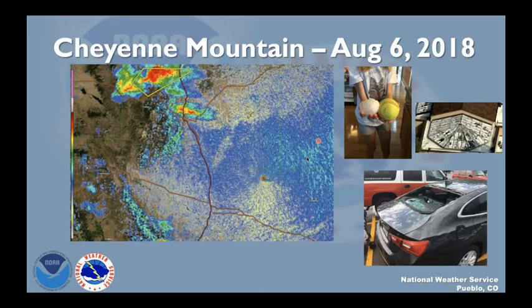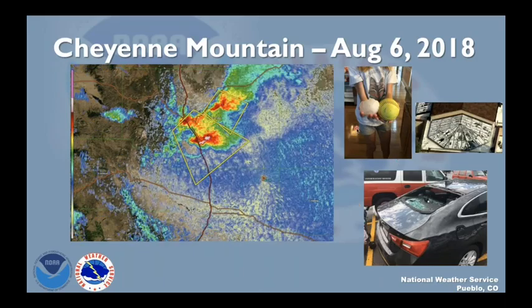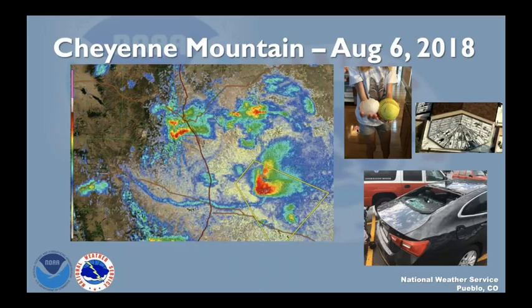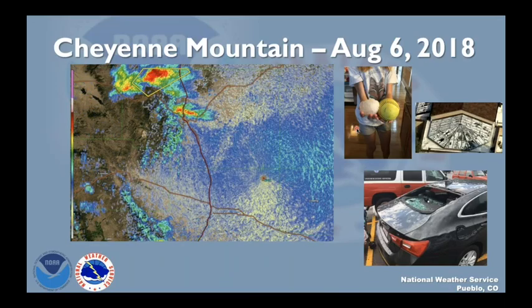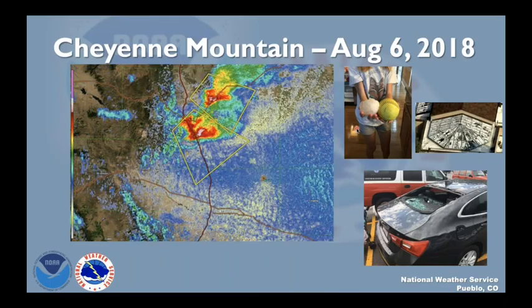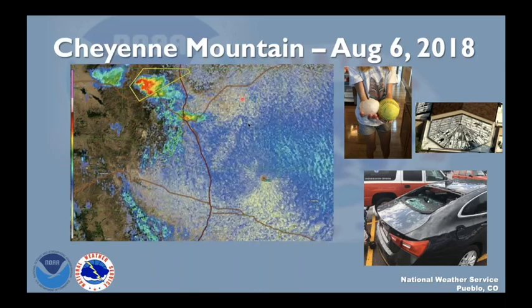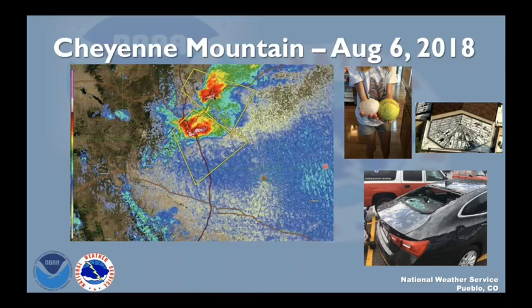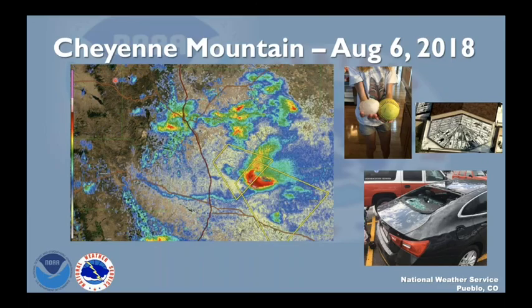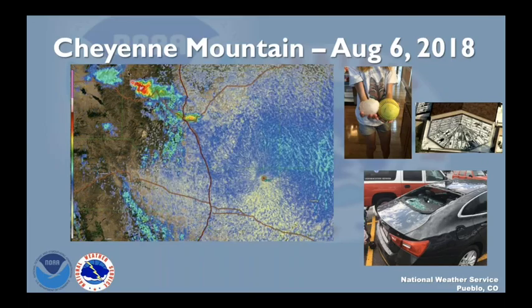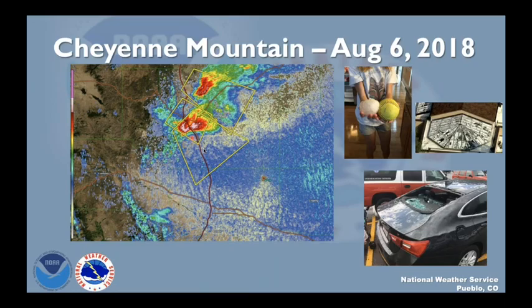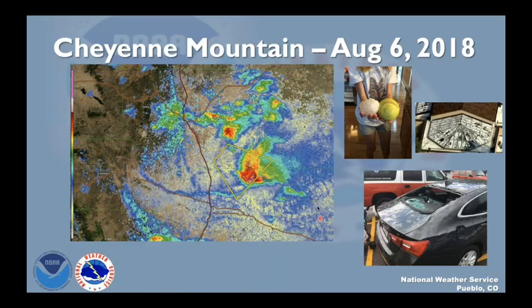Now this is the Cheyenne Mountain case that occurred August 6th of 2018. This received national notoriety and was on pretty much every news outlet out there. This thing formed over Teller County, went southeast, went right over Cheyenne Mountain and eastern Colorado Springs.